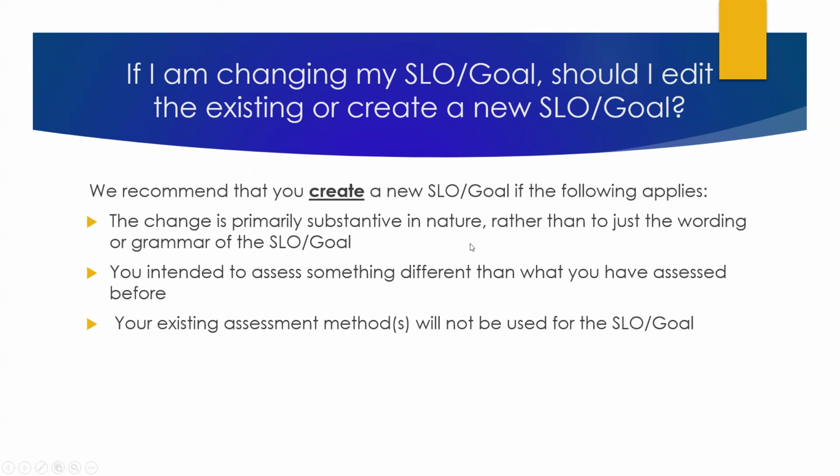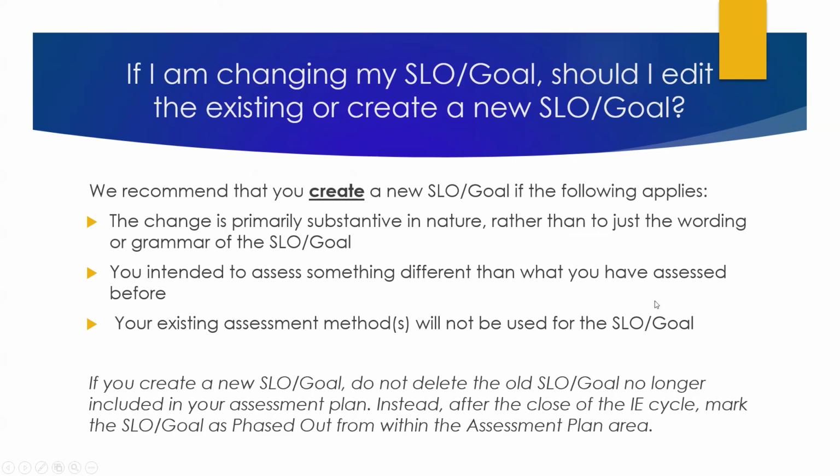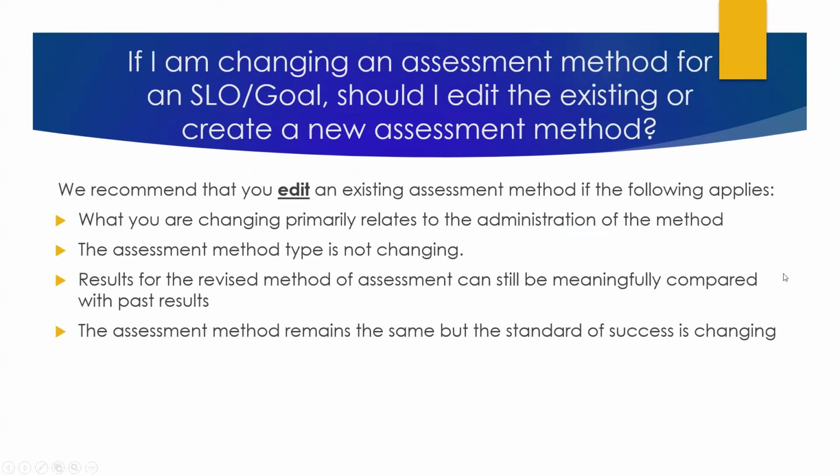So that would be a new student learning outcome. If you intend to assess something different, or if your existing assessment methods cannot or will not be used for that SLO or goal. Again, if you create a new SLO or goal, please do not delete that old information that provides that rich historical context. Instead, you just mark it phased out.